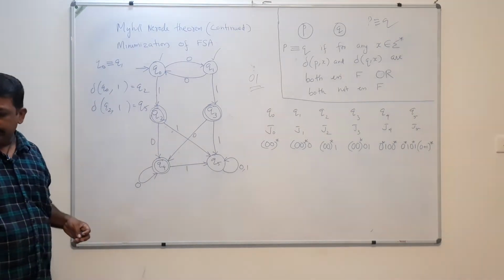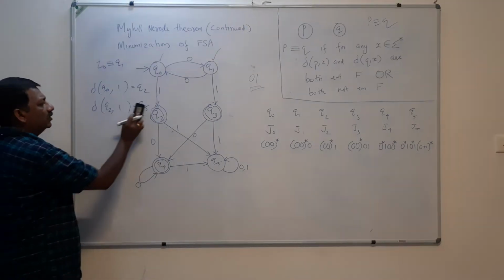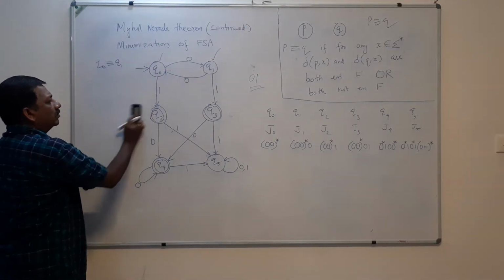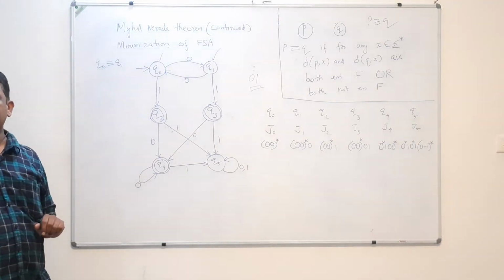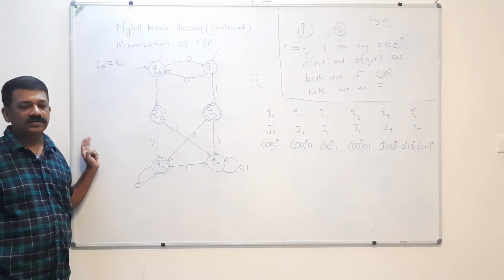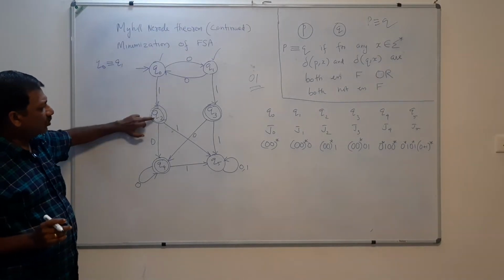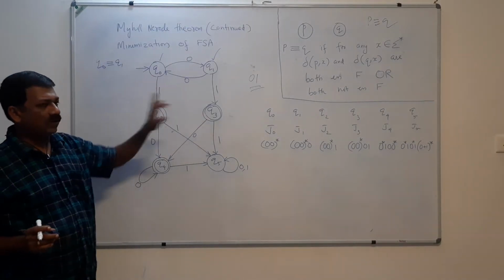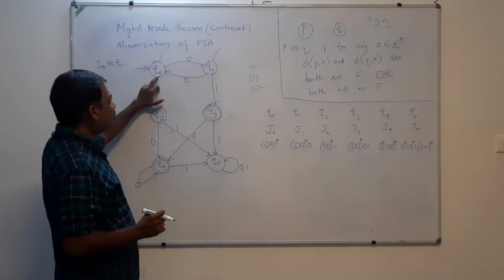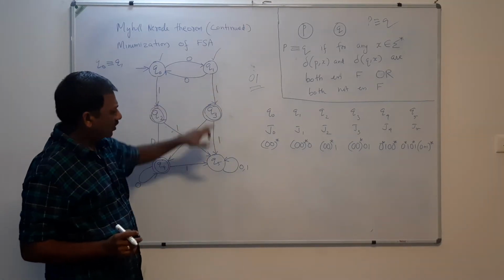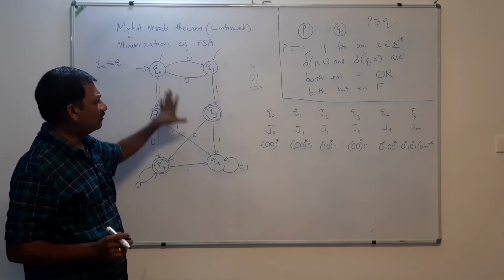Anyway, a final state and a non-final state are always not equivalent. Here, Q0 and Q2 are not equivalent, Q0 and Q3 are not equivalent, Q0 and Q4 are not equivalent. You have to check whether Q0 and Q1, then Q1 and Q5, and Q0 and Q5 are equivalent.